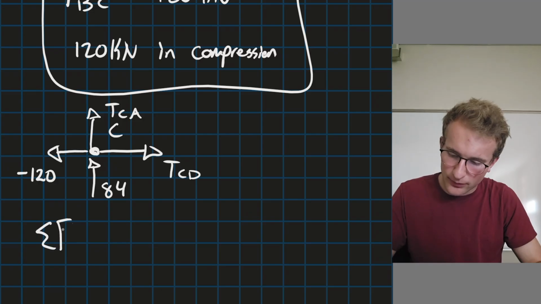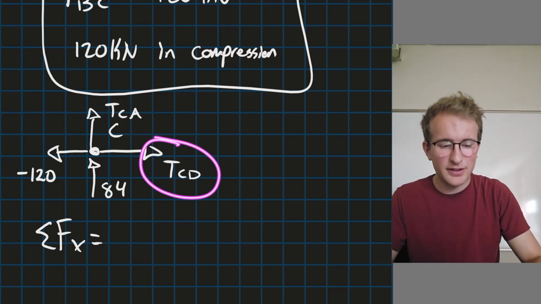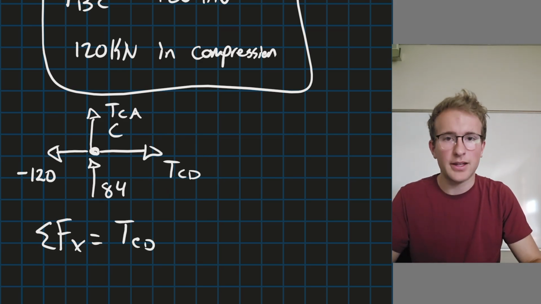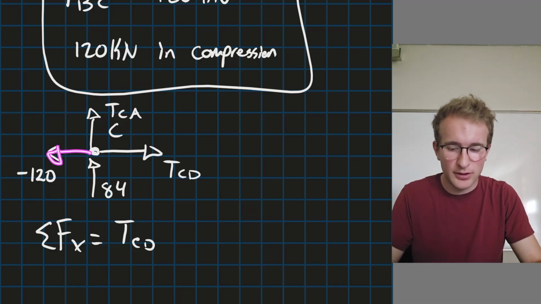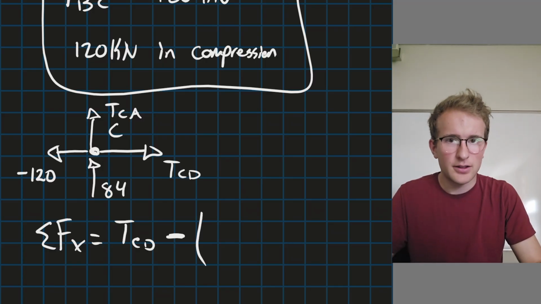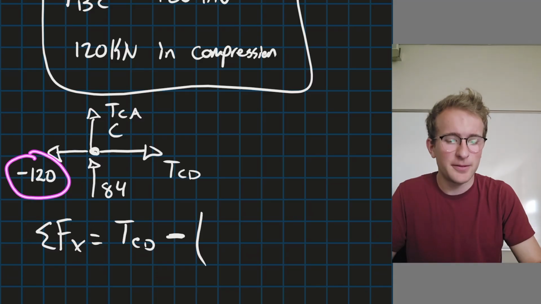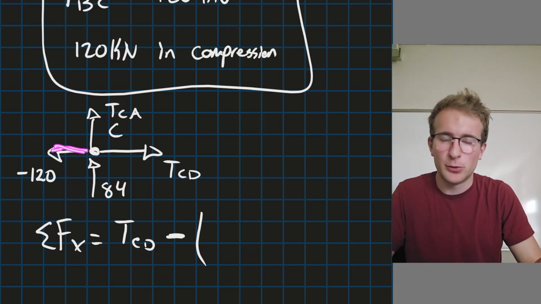Let's do some of the forces in the x direction. We have positive T sub CD. And then this force is in the negative i hat direction, so it's minus. How strong is that force? Well, it's negative 120. So again, always assume it's in tension.